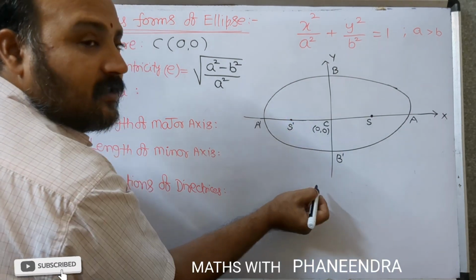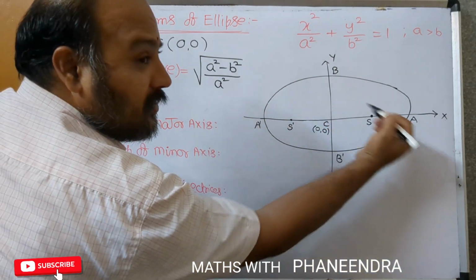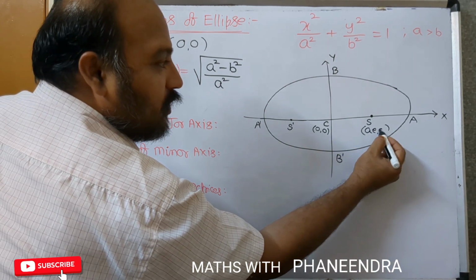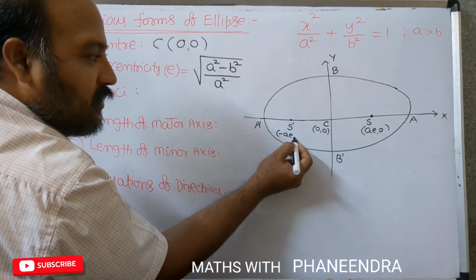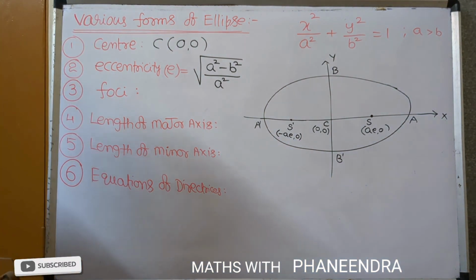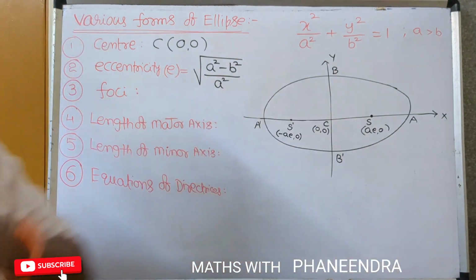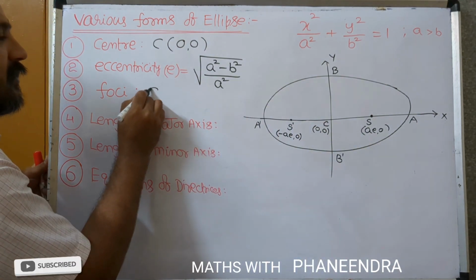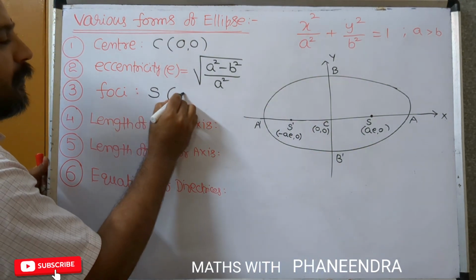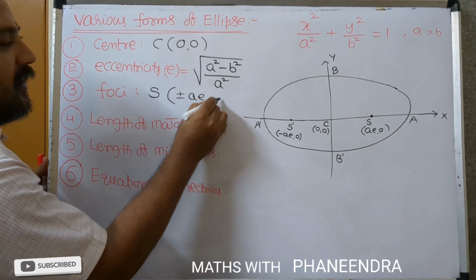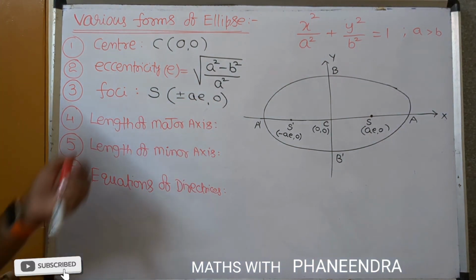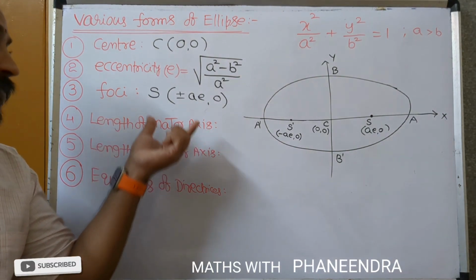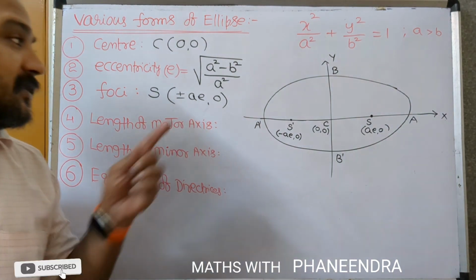S is to the right of the center at a distance of ae units, so (ae, 0), and here (minus ae, 0). Combined, we can write the coordinates of the foci as (plus or minus ae, 0).